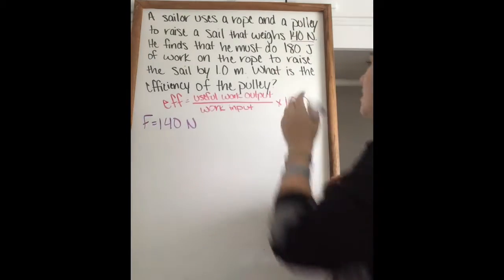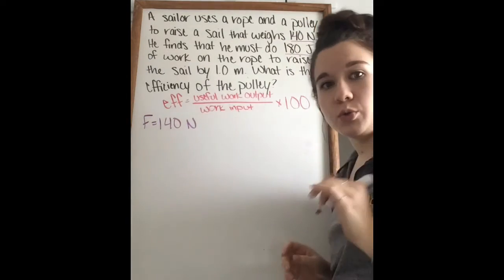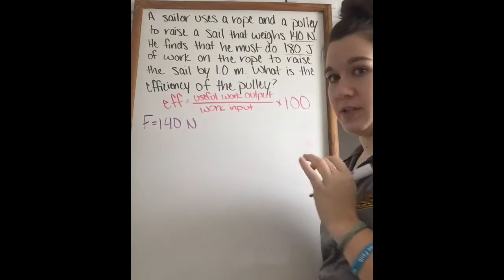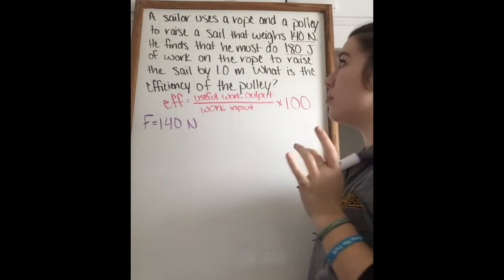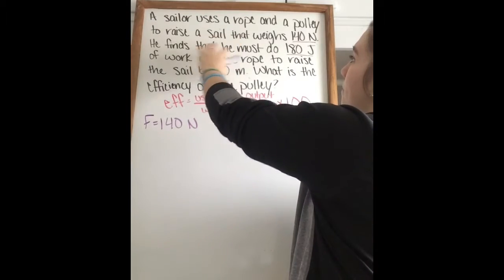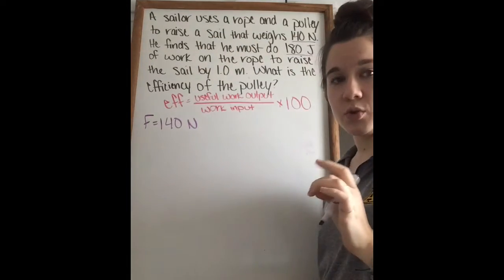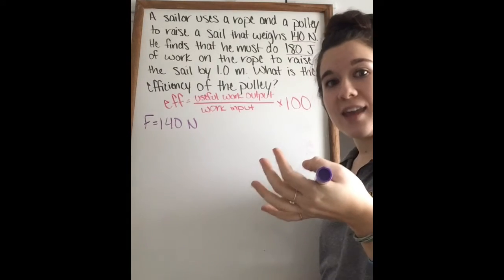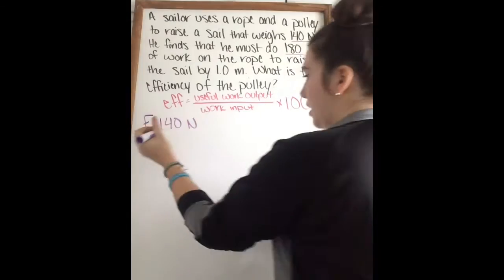Okay. My second number is 180 joules. Joules is our unit for work. So this is going to be work, but is it input or output? Okay. In the problem, it says that he must do 180 joules. So if it's what the sailor actually is doing or needs to apply, that would be our input. Okay.